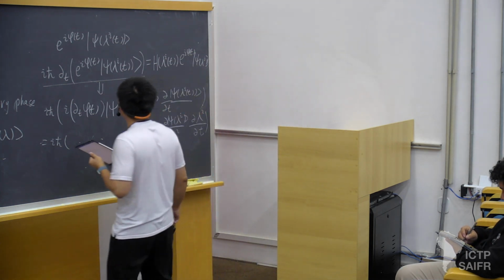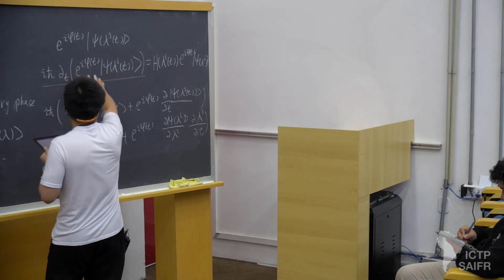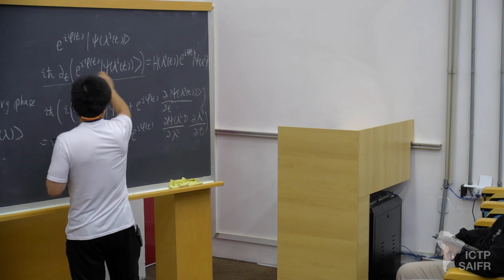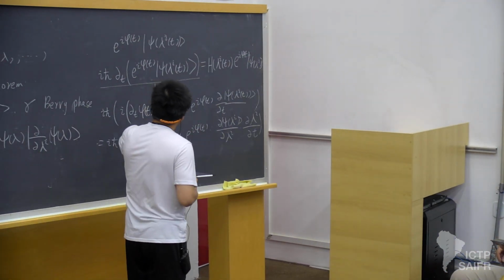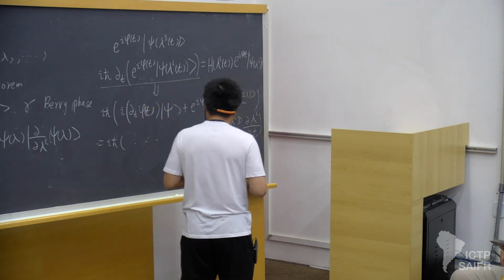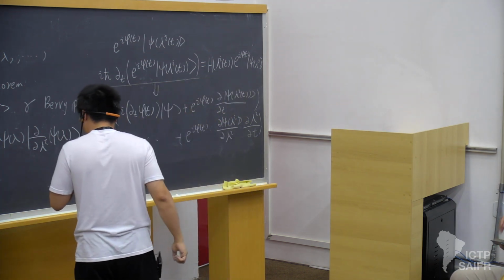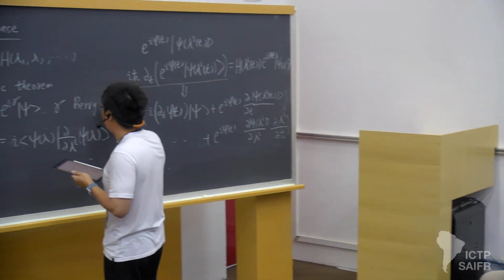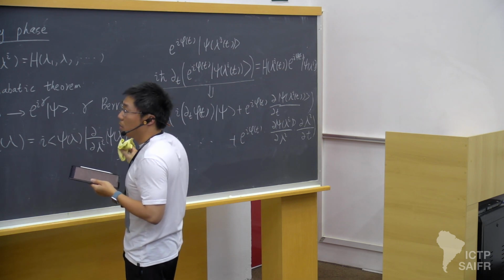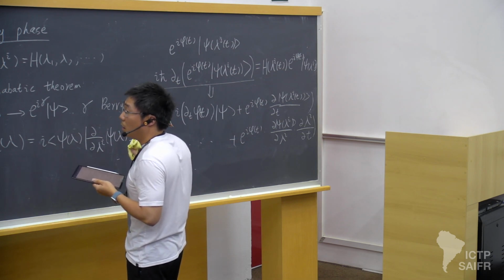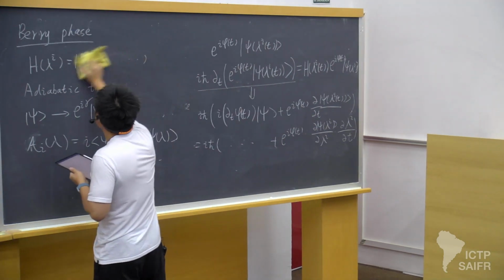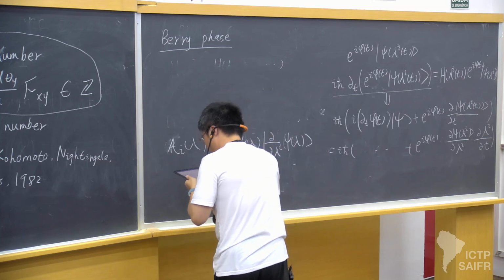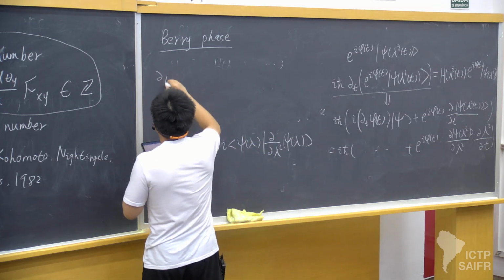Now what we do is multiply this equation with the conjugate of the state. Then a lot of those things cancel, and we can end up with a formula. Let me erase here. We end up with this thing.